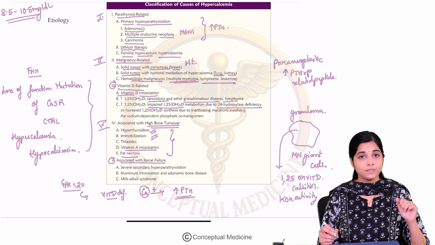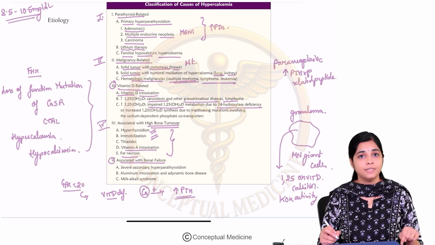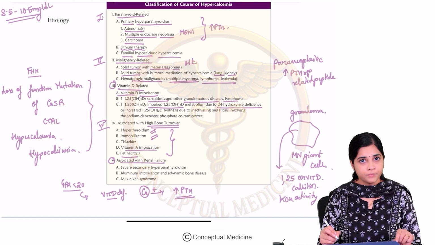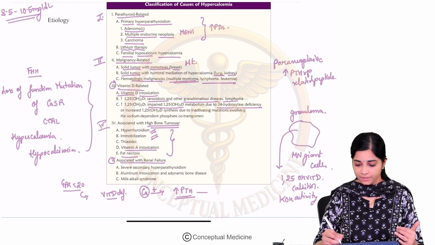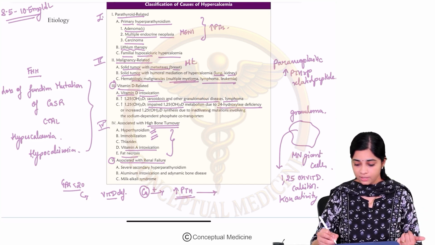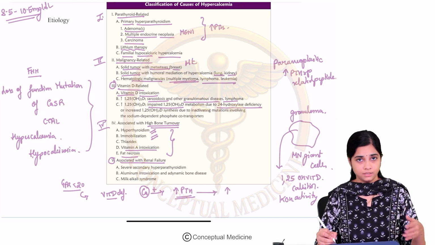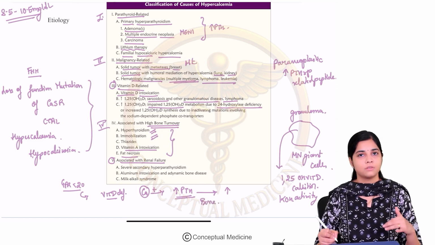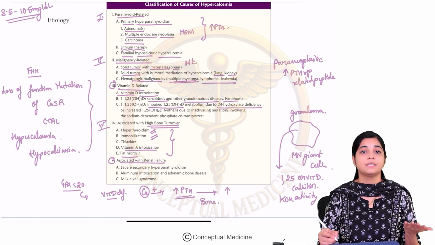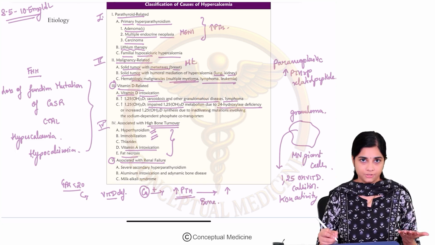Okay, so in secondary hyperparathyroidism, initially the calcium levels will be low. But over the course of time, what happens? This PTH is going to cause what? It is going to cause reabsorption of calcium from the bones. It acts on the bone, causes demineralization and increases the serum calcium levels.